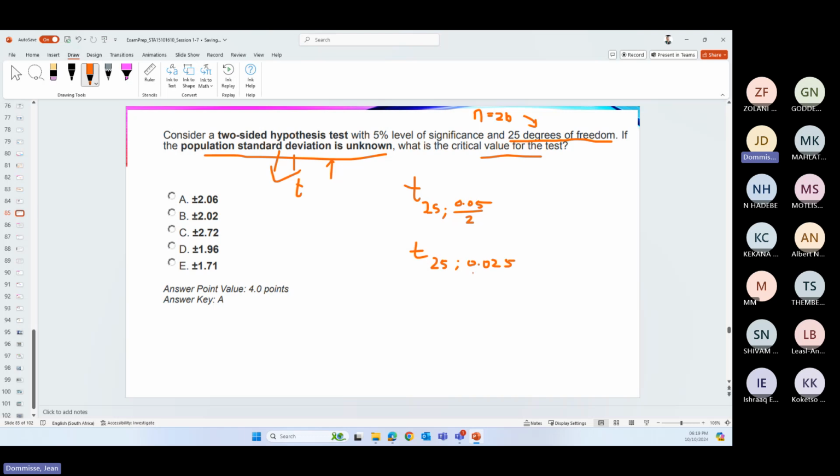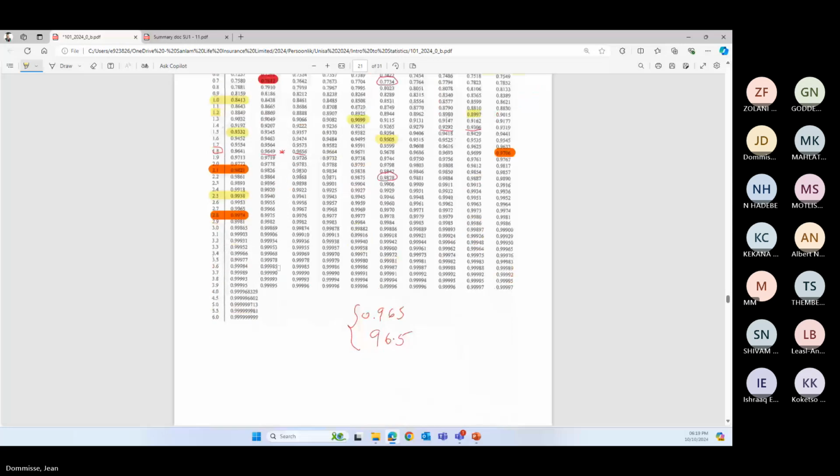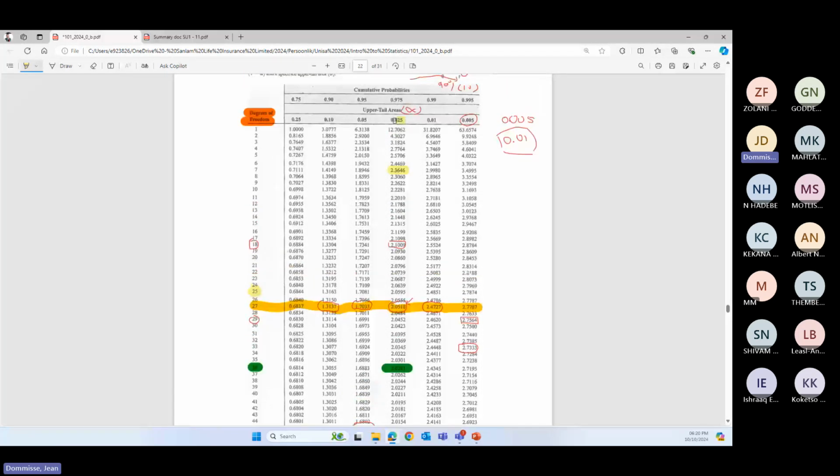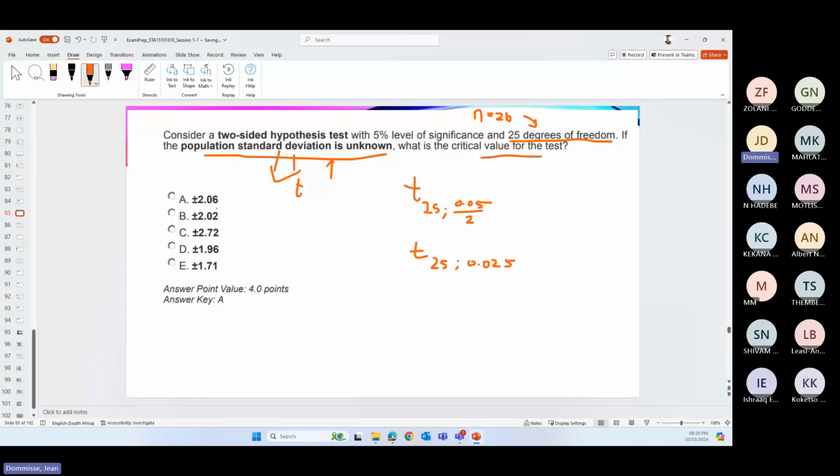T25, 0,025. So we will go across and up. So 2,0595, 2,06. So that is rounded off what we would have gotten.